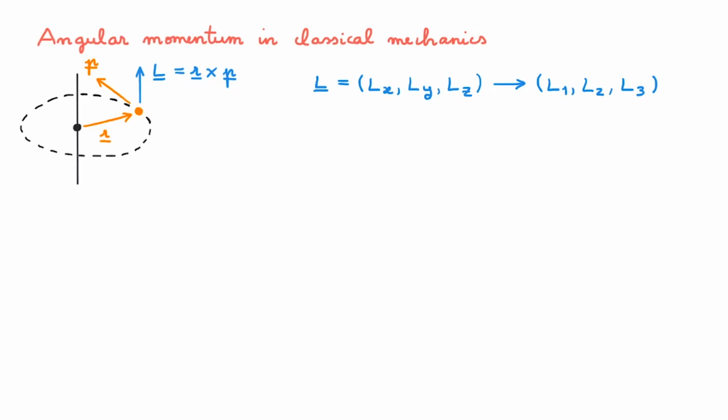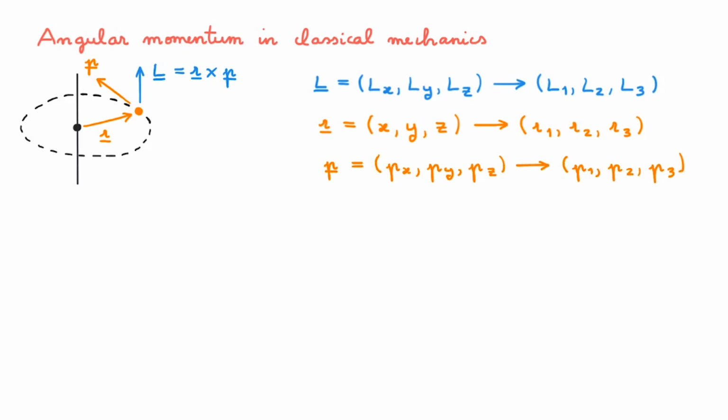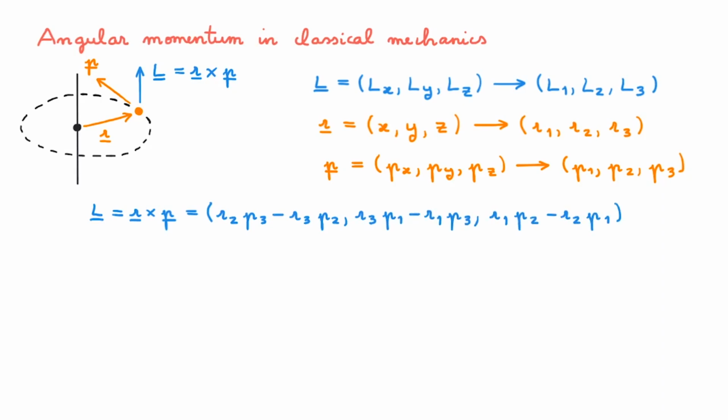We will use the same convention for the position vector, typically given as x, y, z, but we will label them R1, R2, and R3. And similarly for the linear momentum vector. In this notation, we can now carry out this cross product, and we find that L1 is equal to R2P3 minus R3P2, and similarly for the other two components.